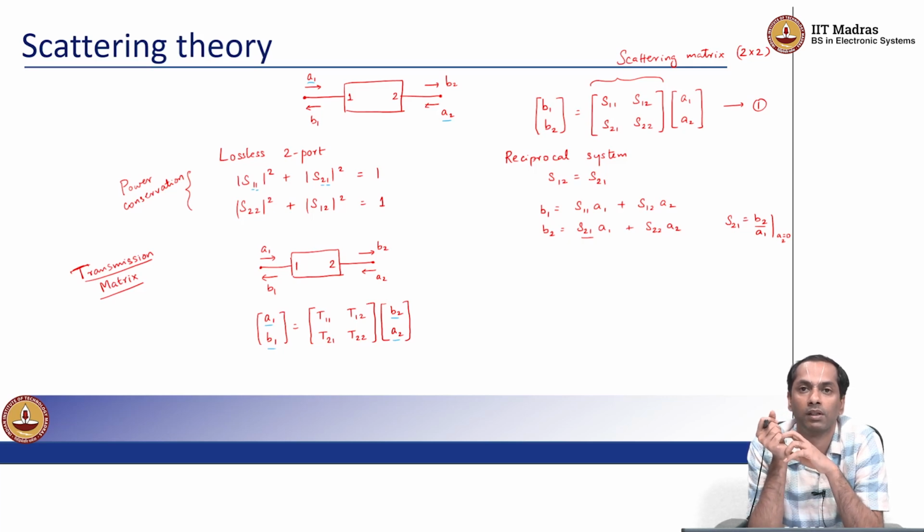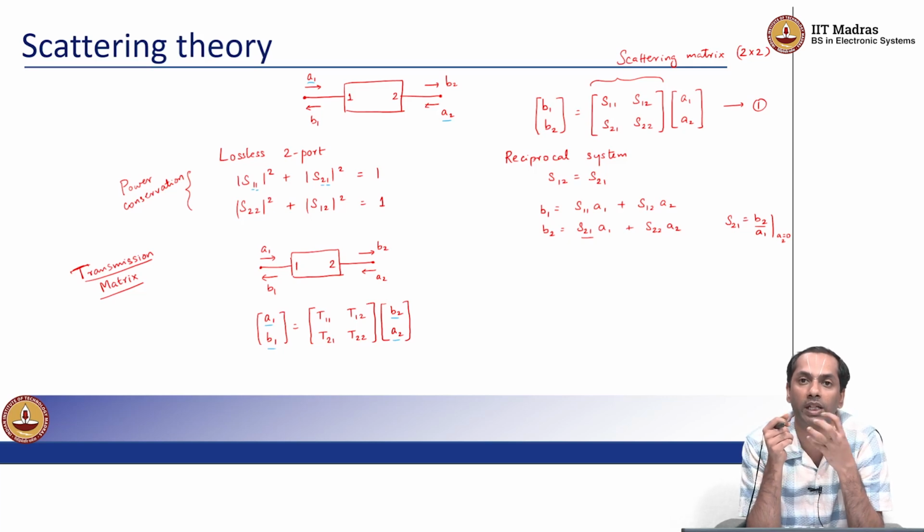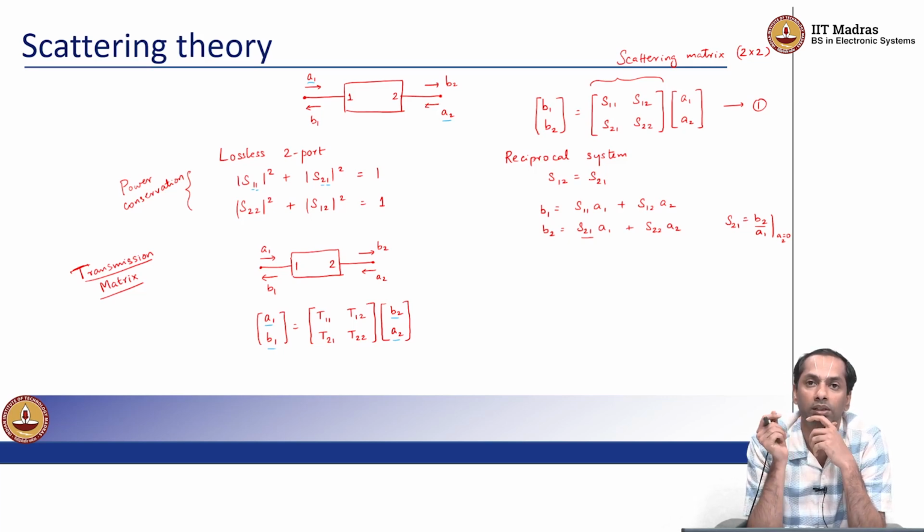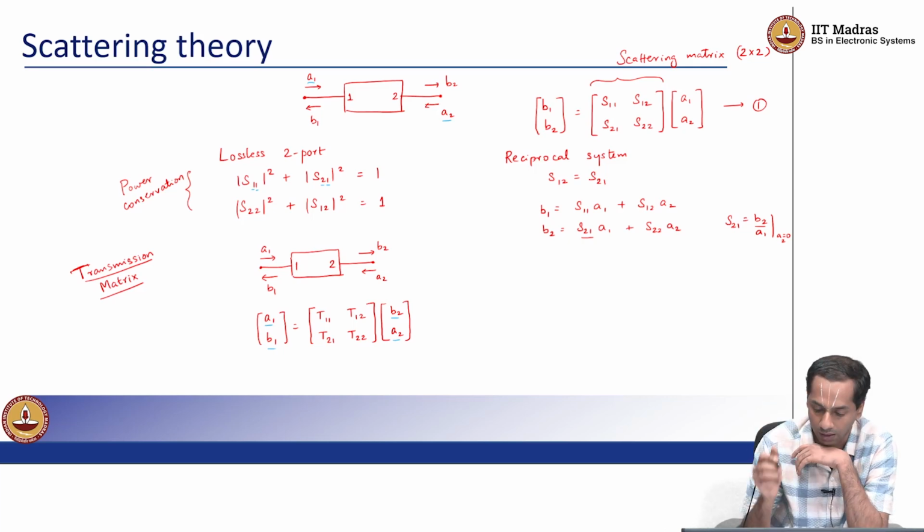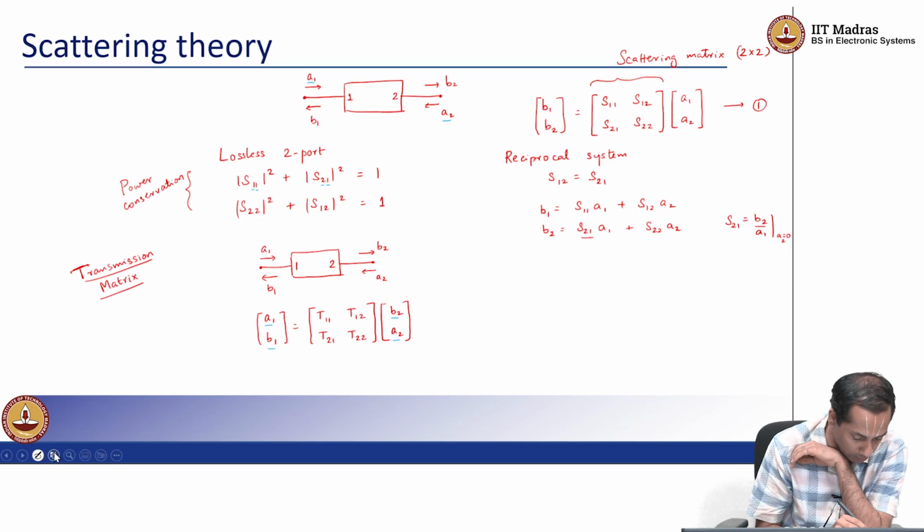This lends some very nice intuition. When I say that I am injecting some power into the port and that some power is coming back or being transmitted through, S parameters are a very comfortable way of communicating this information. But we'll notice that the transmission matrix formalism benefits us when we look at cascading multiple ports.